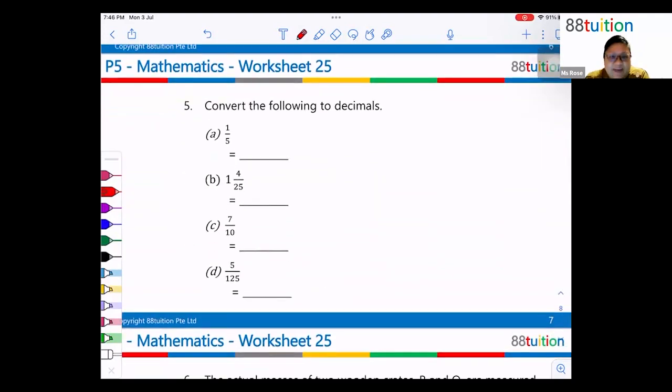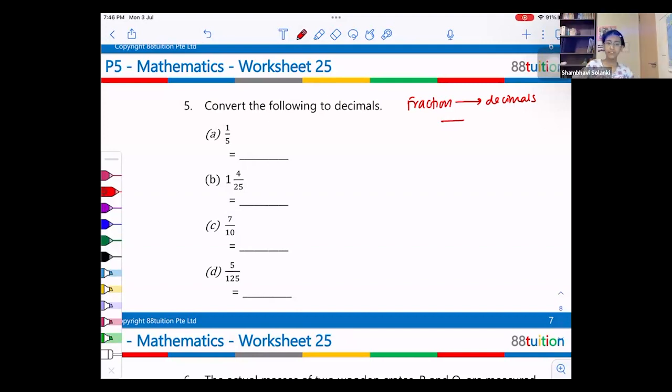Now what we need to do is to convert. To convert what? We're supposed to convert fractions to decimals. When you convert fractions to decimals, what do you need to do? Anyone? I need to make sure that my denominator is either, yes, Shambhavi? Multiples of 10, so that's 10. What else? 100 and 1,000.